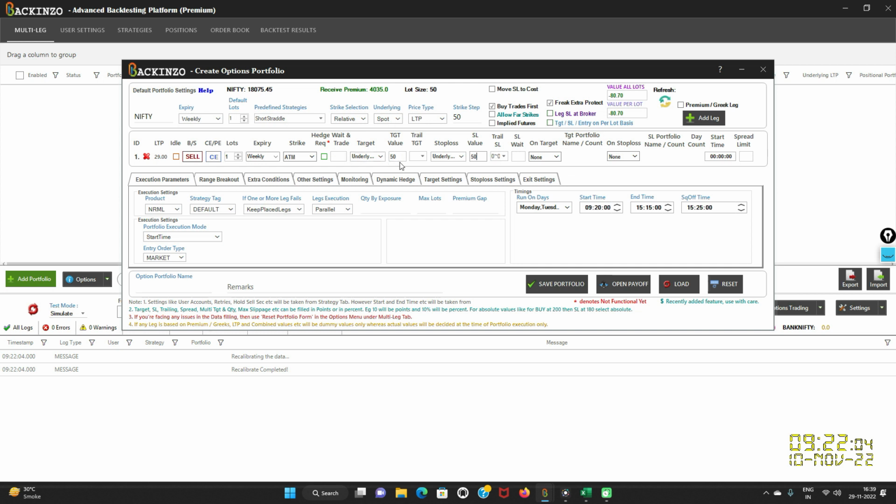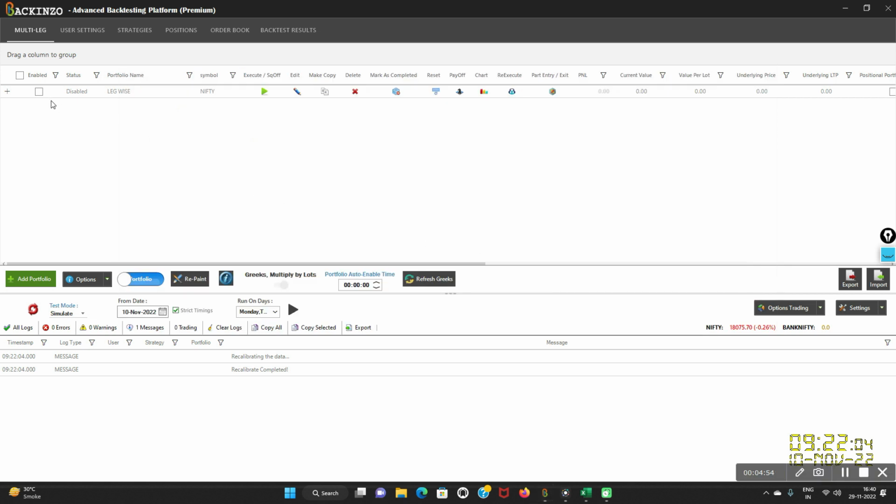So ideally, it will determine in the background by assessing the leg buy and sell, take the value -50 for the target and +50 for the stop loss. I'm naming this portfolio leg wise and saving it. My portfolio is saved.